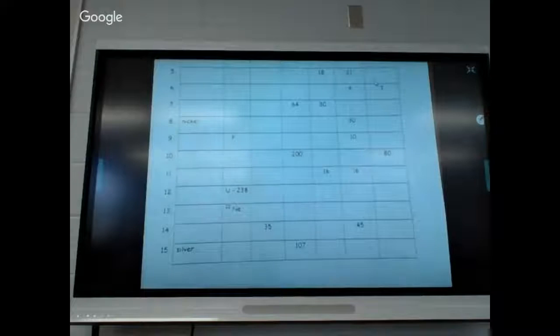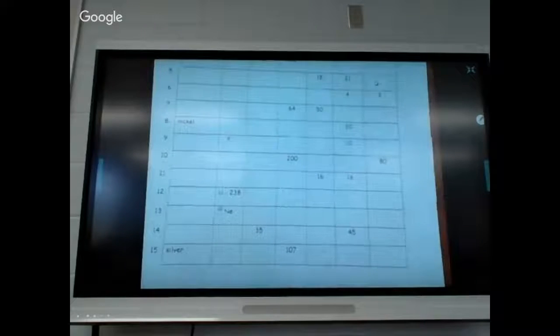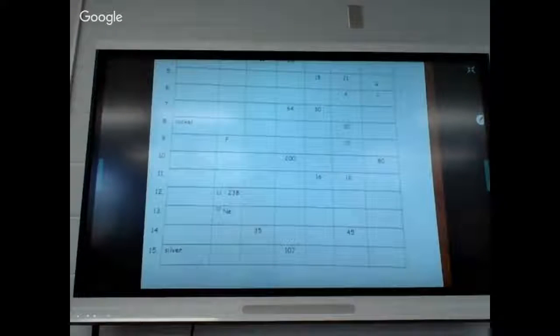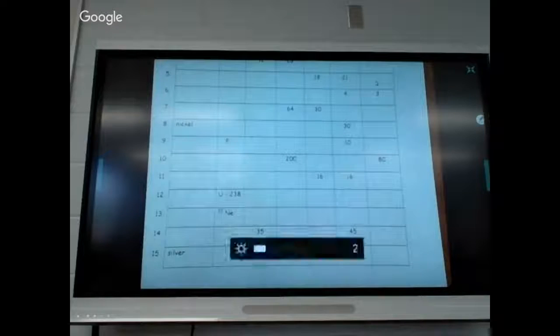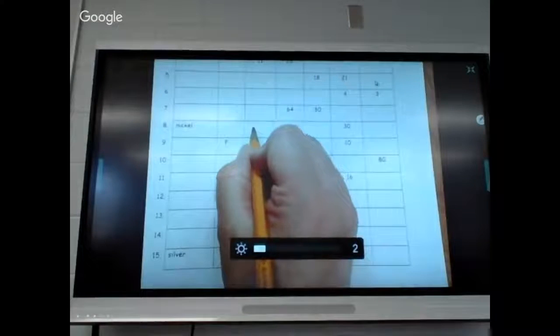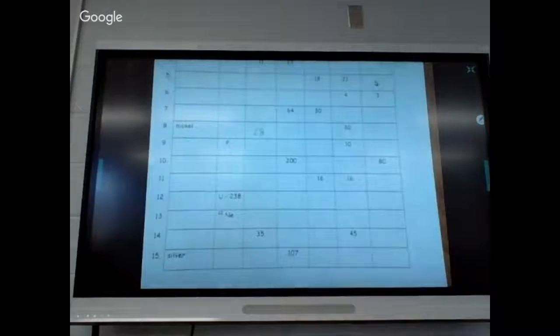Nickel only has neutrons, right? That's all I got. So what's the only thing I can look up on nickel? The atomic number. I'm not looking anything else up but the atomic number for nickel. So if I look up nickel's atomic number, it's 28. I'm not looking up anything else on that periodic table. I don't need anything but its atomic number.